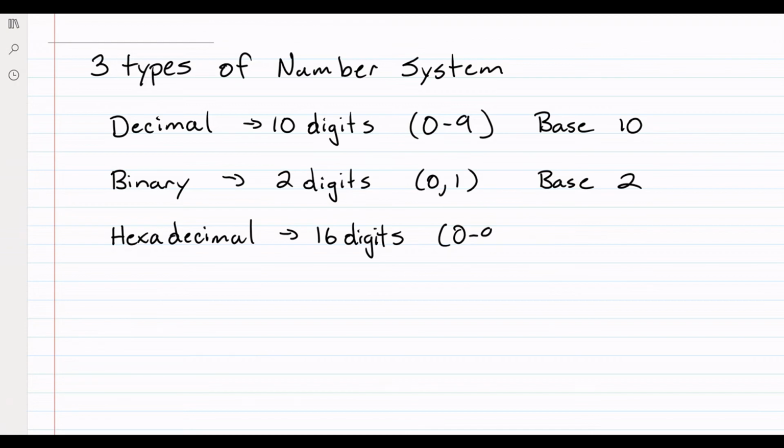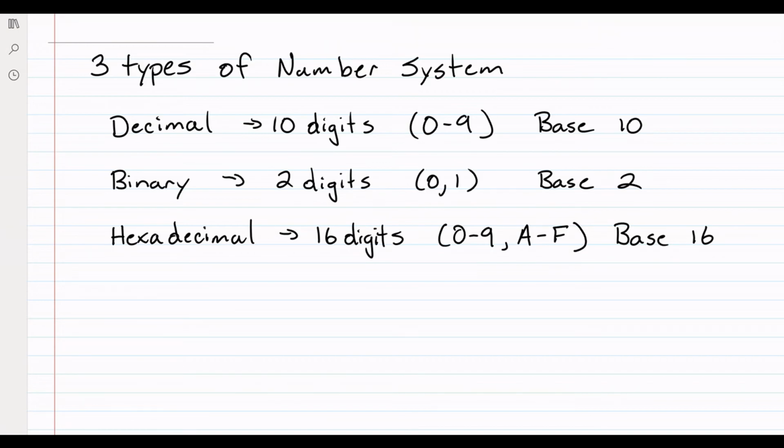So it has the regular 0 to 9, and then 10 to 15 is represented by the values A to F, capital A to F. And it is considered a base 16 number system.